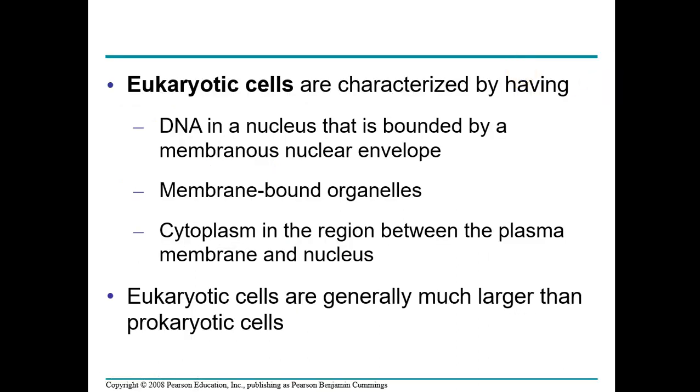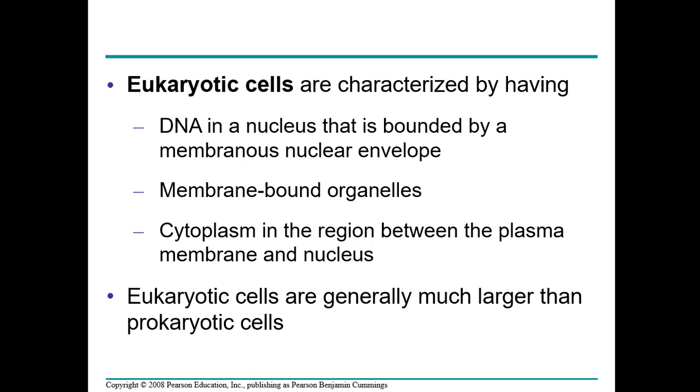Eukaryotic cells, on the other hand, contain DNA bounded by a nuclear envelope. You call this one the nucleus. So meron siyang organelles. Cytoplasm is the region between the plasma membrane and nucleus, diba?